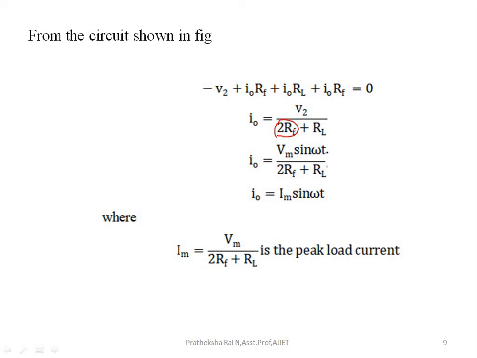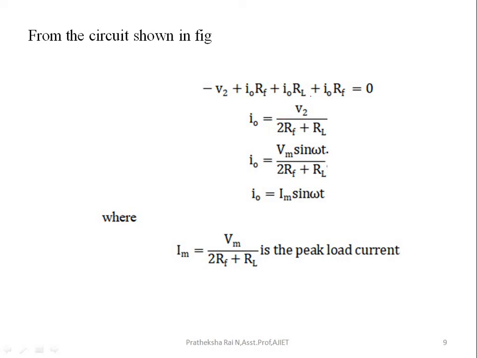So I0 is equal to Vm sin omega t divided by 2RF plus RL, or I0 equal to Im sin omega t, where Im equal to Vm divided by 2RF plus RL is the peak load current. Hope this is clear.